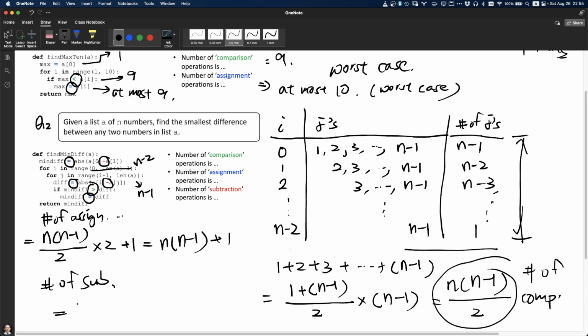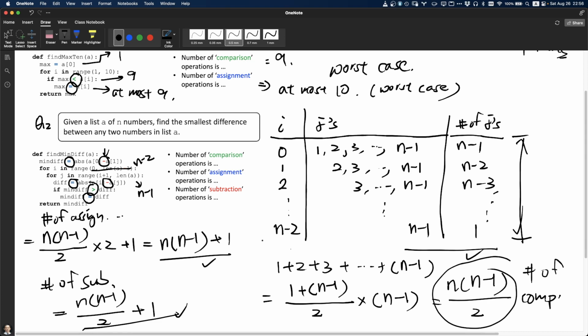It will equal n times n minus 1 divided by 2, but you increase that by 1, which is accounting for the very first one over here. So if you want to find out the total numbers of operations, you will sum up this value over here, and this value over here, and this value over here.